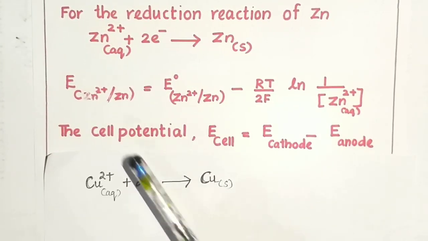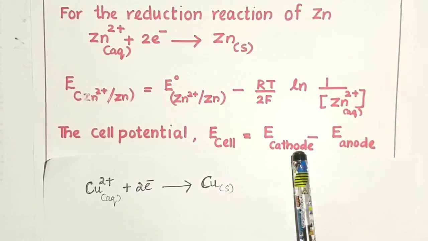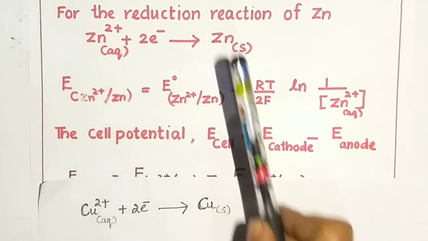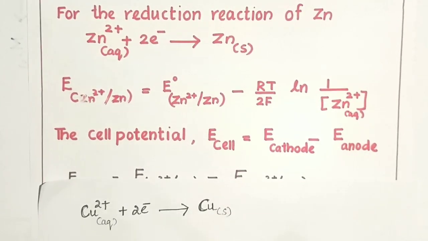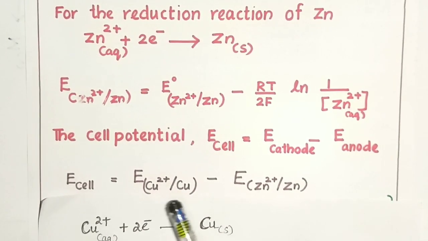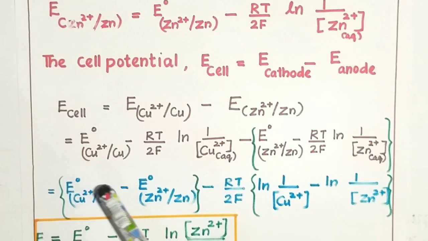Then you know the cell potential, or E cell, is equal to E cathode minus E anode. Here the cathode is the copper electrode and the anode is the zinc electrode. So E cell is equal to E copper electrode minus E zinc electrode.